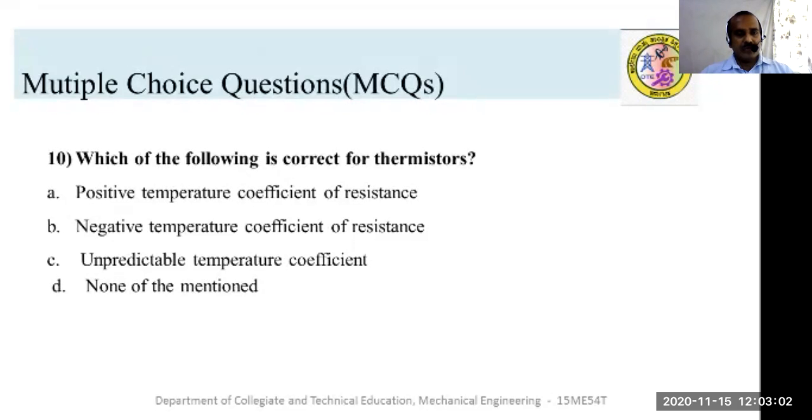Positive temperature coefficient of resistance, negative temperature coefficient of resistance, unpredictable temperature coefficient, none of the above mentioned. The answer is B. For thermistors, as temperature increases, the resistance decreases.